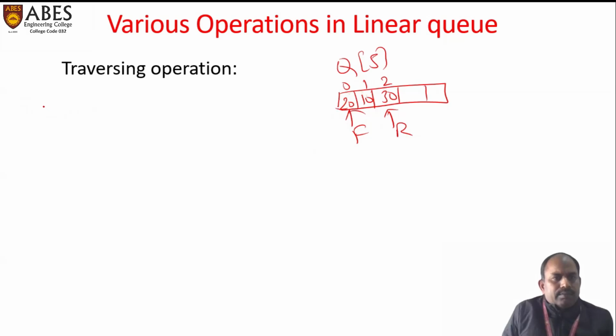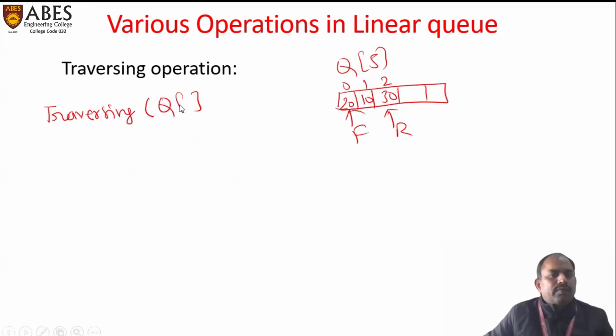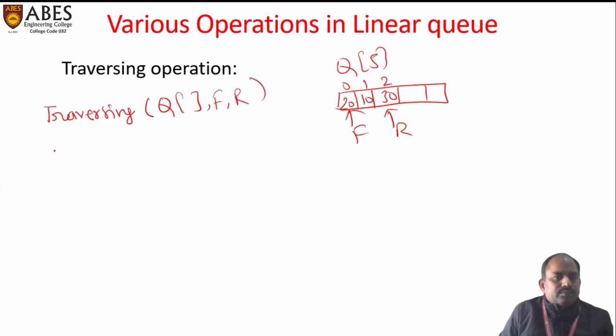In the first step we write traversing operation in Q, and we also have to give the value of front and rear in case of the traversing operation. So here we write front and rear both. In the first step, we choose a counter variable for iterations, so here I is set to front.